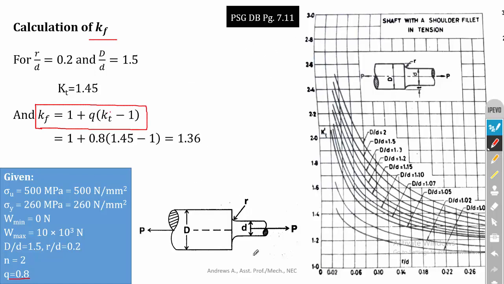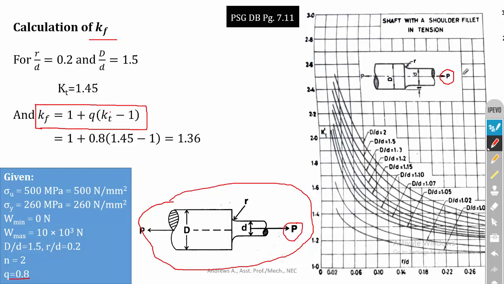So in the data book, we have to search for the similar kind of drawing. So in the given drawing, you can see that it's a stepped shaft and it is subjected to an axial load. Okay. So if you search in the data book, then you can find this image in the page number 7.11. So here also it's a stepped shaft with a shoulder fillet and it is subjected to tension. Okay, so that is very important.